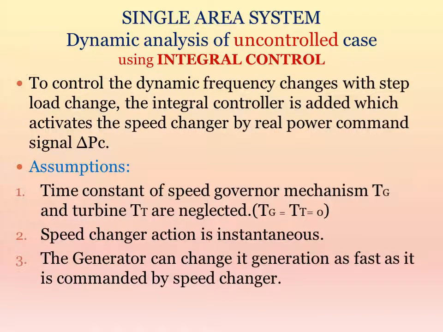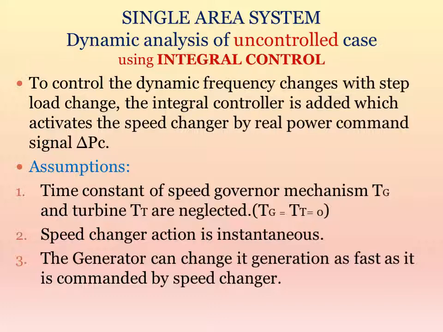Next we are going to see the integral control of the single area system. There is a considerable droop in speed or frequency of the turbine for a given speed changer setting. Such a large deviation like plus or minus 0.5 Hz cannot be tolerated and we must develop a suitable control strategy to achieve much better frequency constancy.